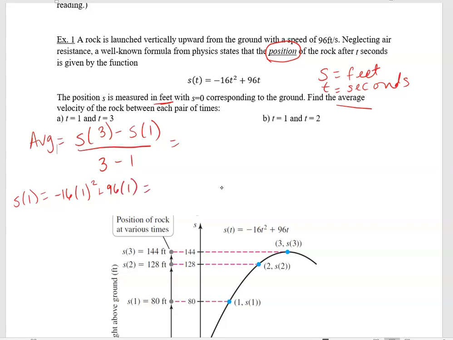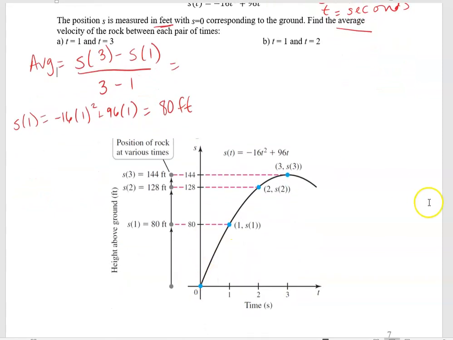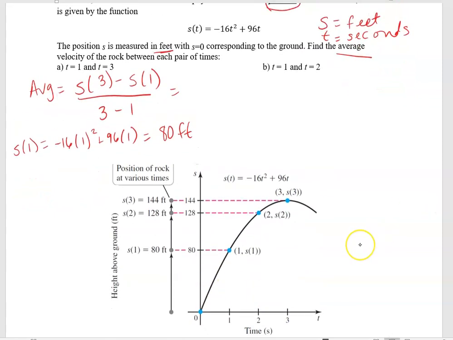and calculate that number, let's see what that gives us here. You can put this into your calculator, you'll get 80 feet. It's also in the graph below. That's what this graph is showing us, the graph of that position function. You can see at S of 1, the position right here is at 80 feet. S of 3, same thing. If you were to substitute that in for your time and calculate what position is 3 seconds after we've launched it, that's right here in the graph.